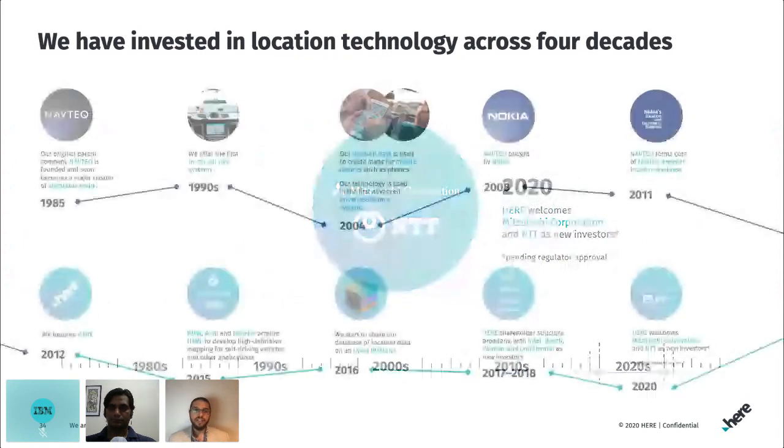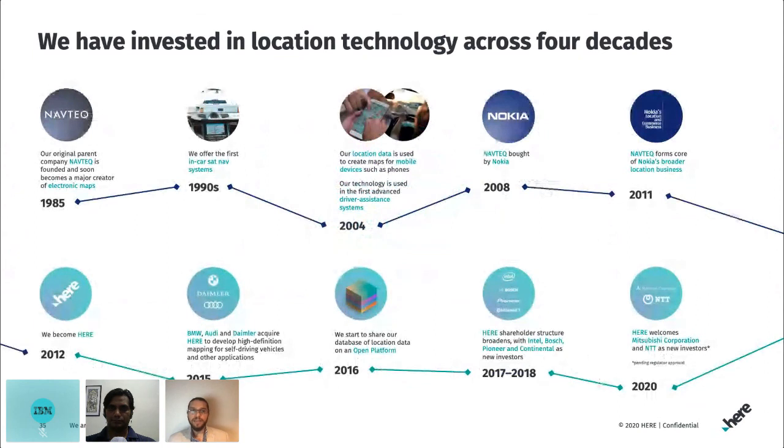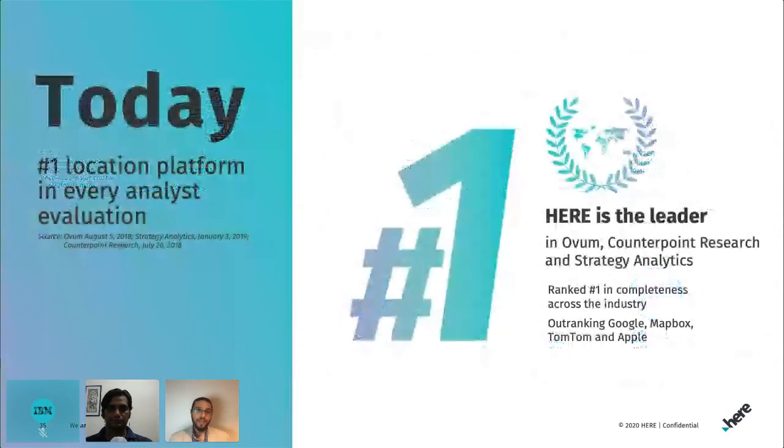So it's a long journey when it comes to location technologies: inventing the concept of location services, location mapping, and web map, and helping the automotive industry move further. That gave us the lead to be the number one in this type of technology, which is super unique to the company, to be the number one enterprise company serving location services.